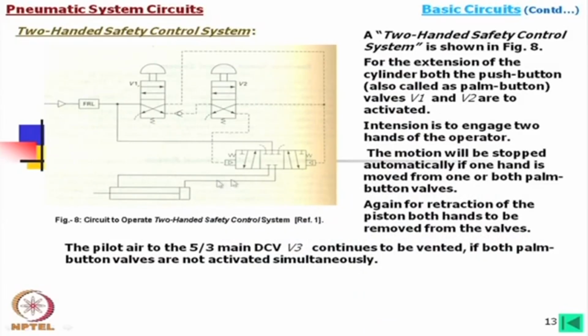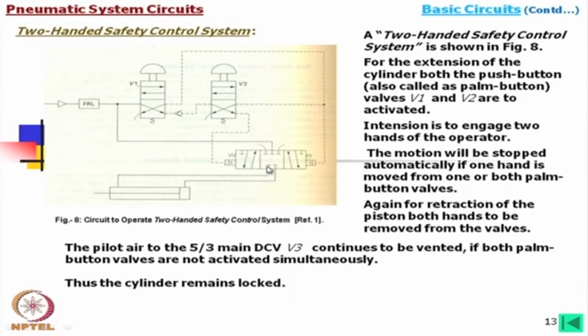Before that I would like to say this is a 5/3 main DCV, V3 continues to be vented if both push button valves are not activated simultaneously. That means, in neutral position the air is being vented. Thus the cylinder remains locked.